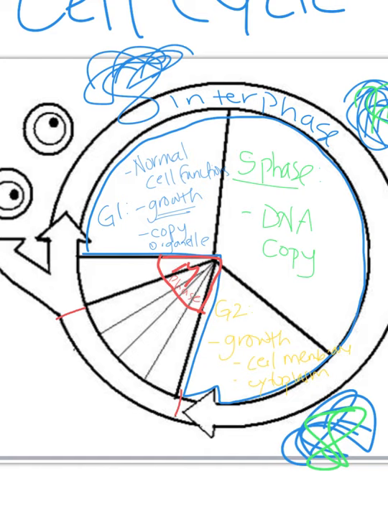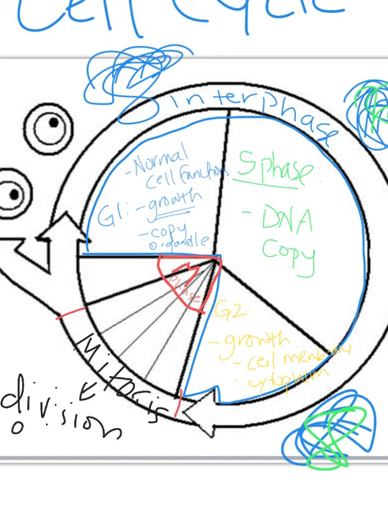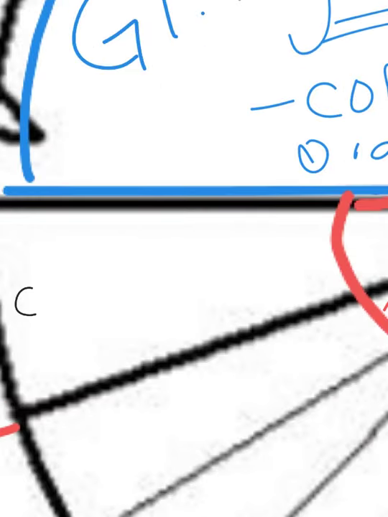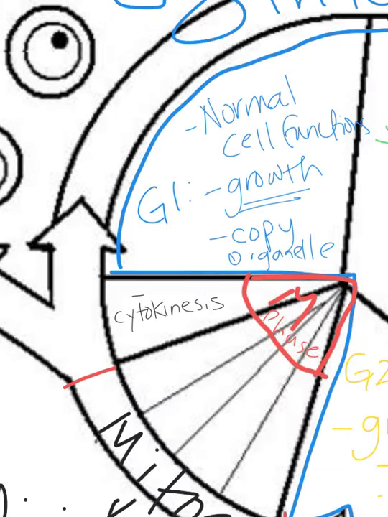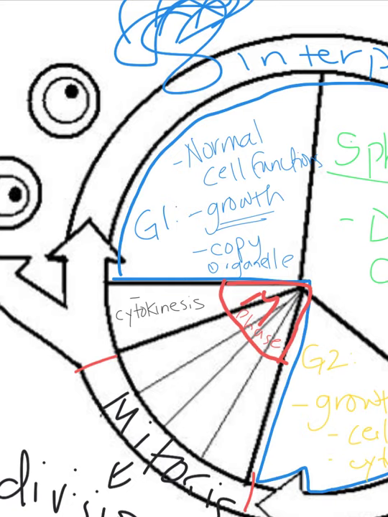We are going to call this mitosis, and mitosis is the division of our nucleus. The second part of the M phase is called cytokinesis, and cytokinesis is the separation of our cytoplasm.